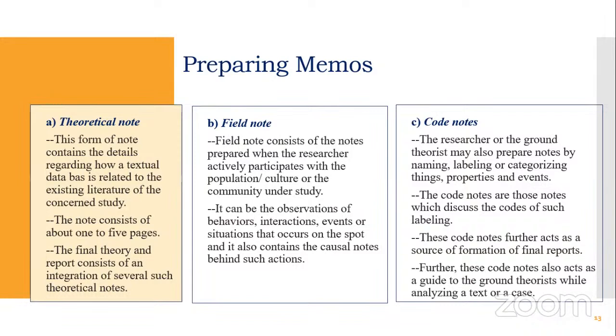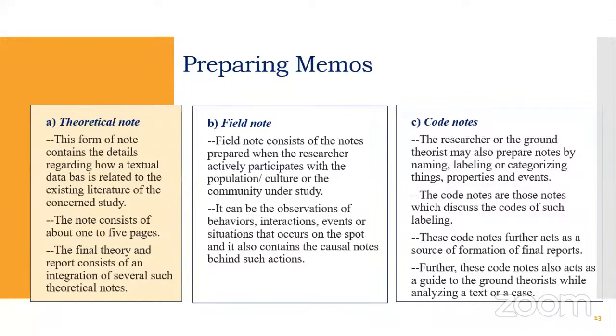Theoretical notes can be a little longer. They can consist of 1 to 5 pages, and the final theory and report consists of an integration of several such theoretical notes. So the researcher can be writing these theoretical notes continuously for different parts of the data.